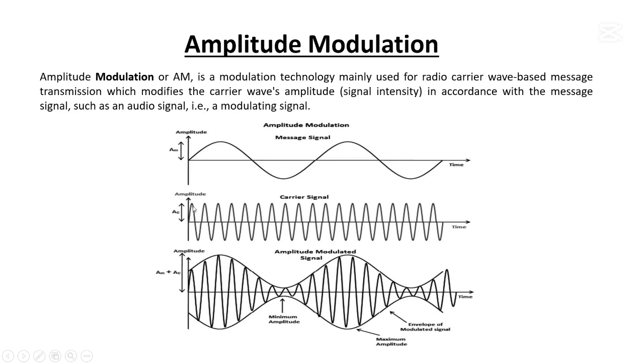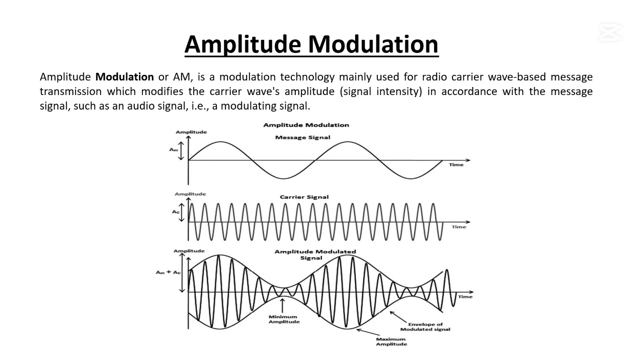The frequency of this modulated signal depends on the carrier signal. The frequency remains the same as the carrier has. If the carrier has a frequency of, let's say, 1 megahertz, then the modulated signal will also have a frequency of 1 megahertz.